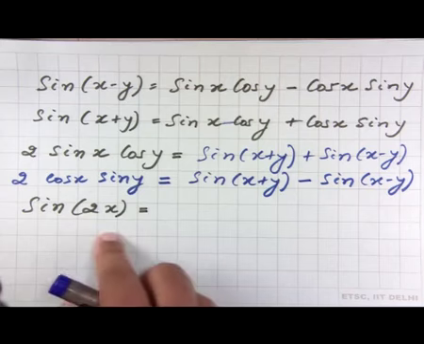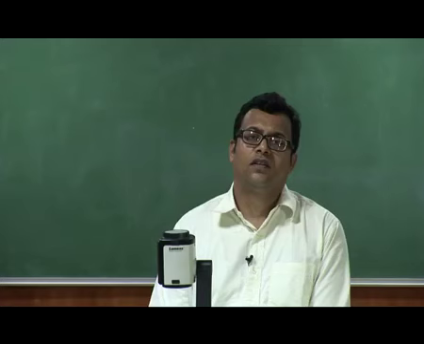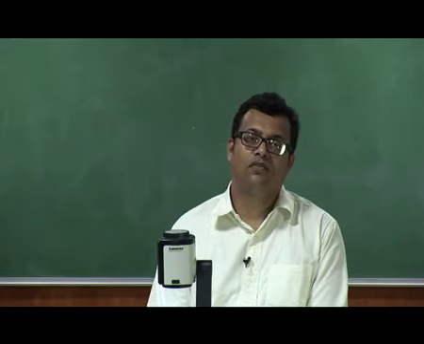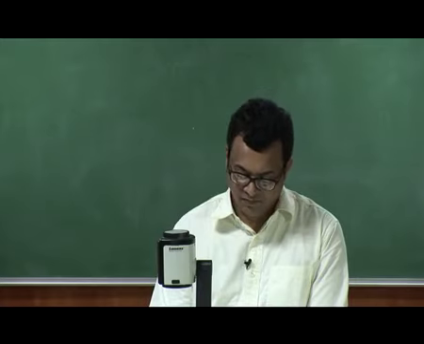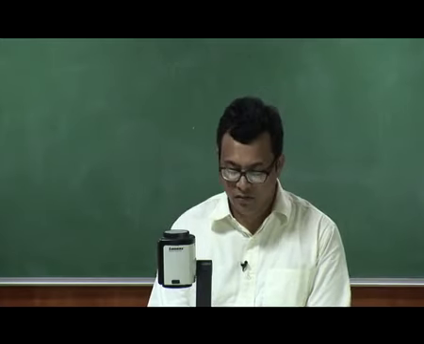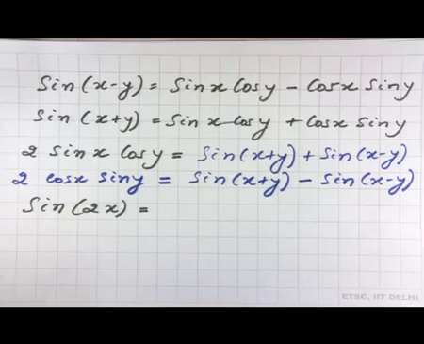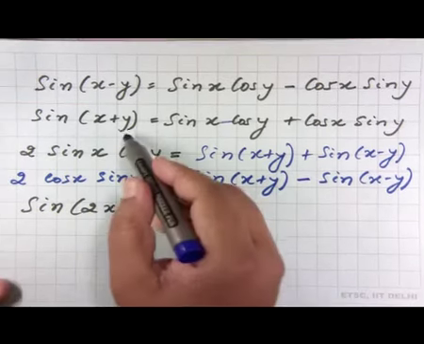We will now see how to compute the sine of double of an angle if we simply know the sine and cosine of this angle x. It is very simple. We go back to the expression for sin(x plus y) and we replace this y with x.